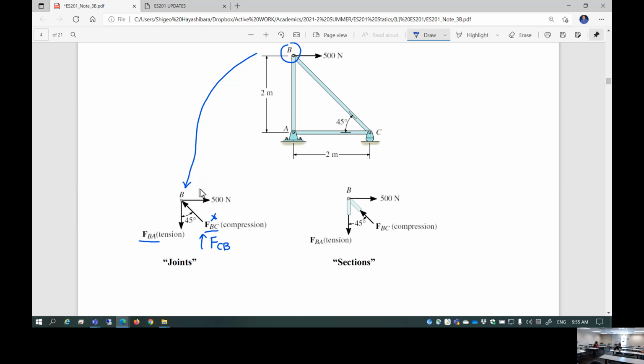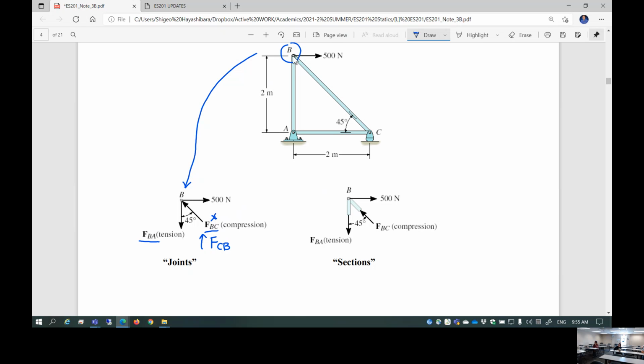And then, of course, what can you do here? You can apply summation of the forces in X and Y direction. You cannot do moment though. Can it be the opposite? Is there any chance that FBA would be compression, and then the other one would be tension?